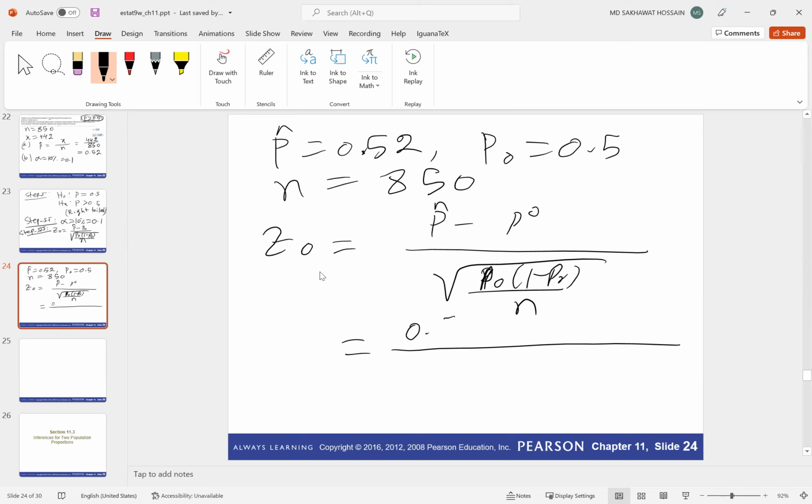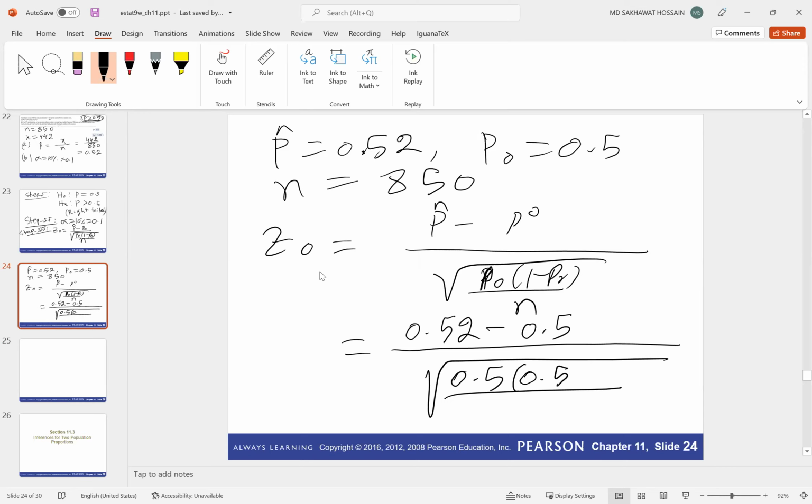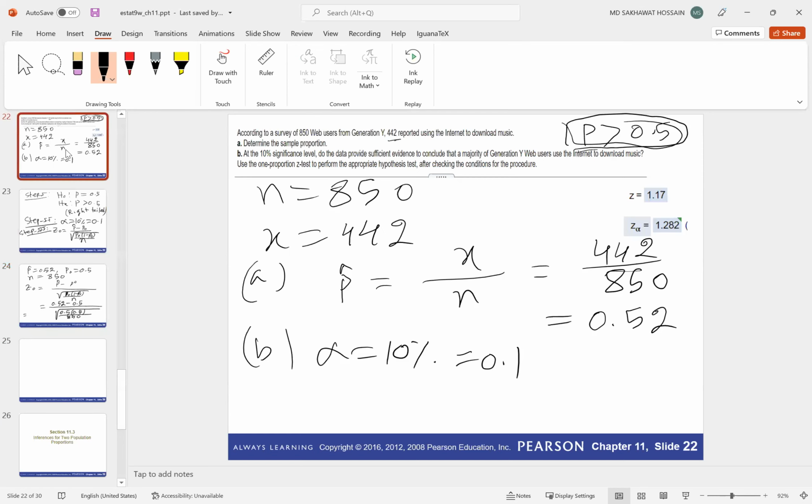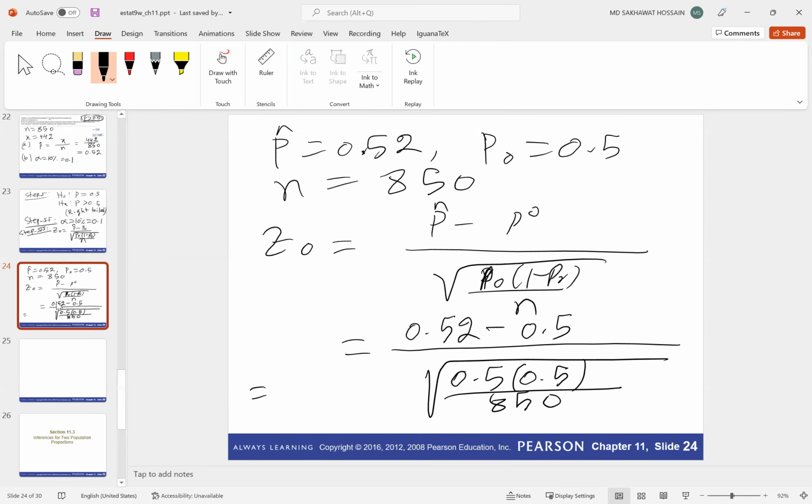So this is 0.52 minus 0.5 over the square root of that divided by 850. If you simplify this, then you will get the test statistic, which is 1.17. So this is the test statistic.